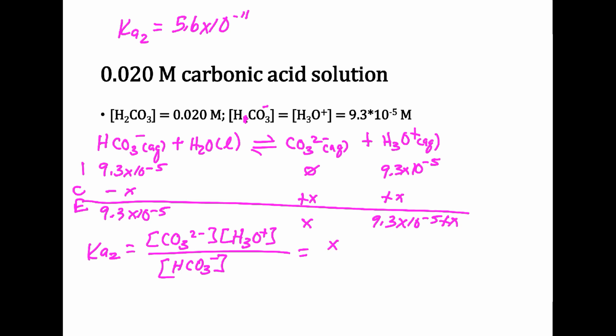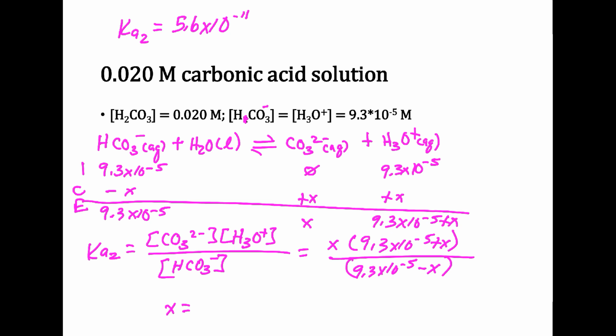So whenever we plug in, we'll plug in x for carbonate, and we'll plug in 9.3 times 10 to the negative fifth plus x all over 9.3 times 10 to the negative fifth minus x. You have to make sure that you're following your order of operations and including parentheses whenever you plug this into your calculator, or it's going to give you a very funny answer.